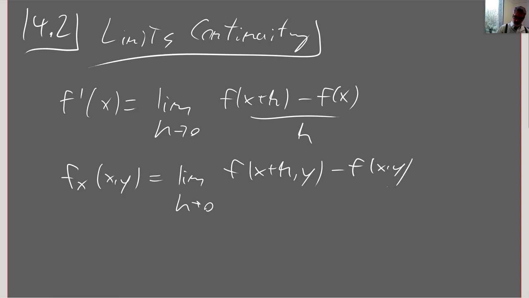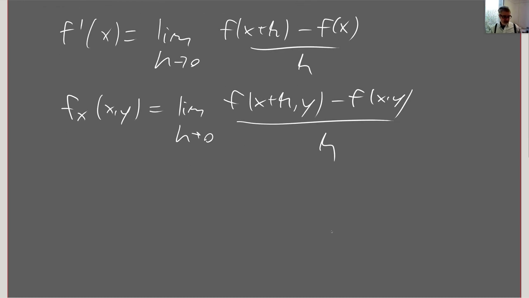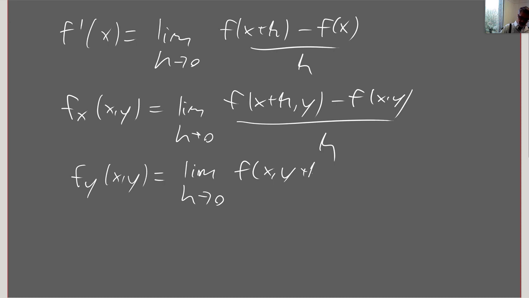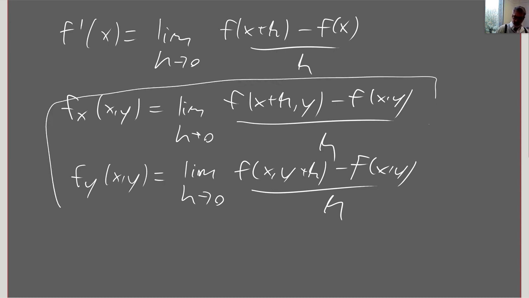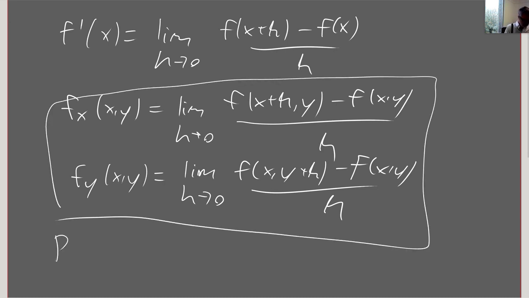So we fix the y, divided by h. And similarly, the y derivative, fy of xy, is going to be the same thing. I'll write it down. Limit as h goes to 0 of f of x, and then here we move the y a bit, f of x, y plus h, minus f of xy, divided by h. Okay, so here's how we define partial derivatives.